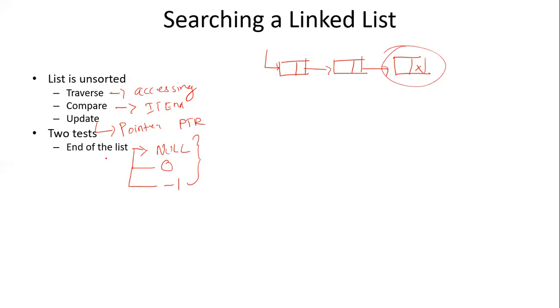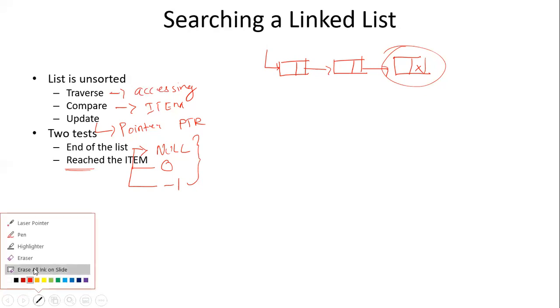Next, as we traverse and compare, we also need to check whether we have reached the item. Once you reach the item, you need not continue further. If you reach the item, your algorithm can return the corresponding location. These are the two important tests that have to be performed.